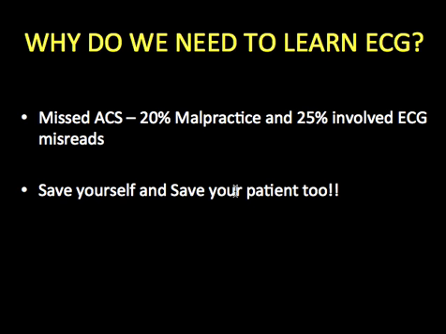Now, apart from the ACS, ECG changes can also be seen in respiratory system and CNS pathologies. Arrhythmias can also be interpreted on the ECG, and you can also see ECG changes in drug overdoses like TCAs and antihistaminics, and electrolyte imbalances, hyperkalemia for example.